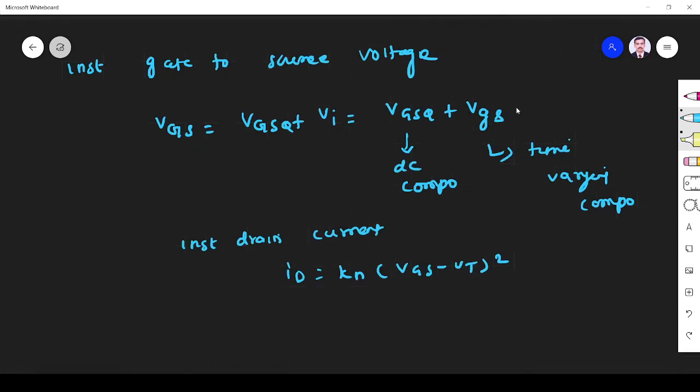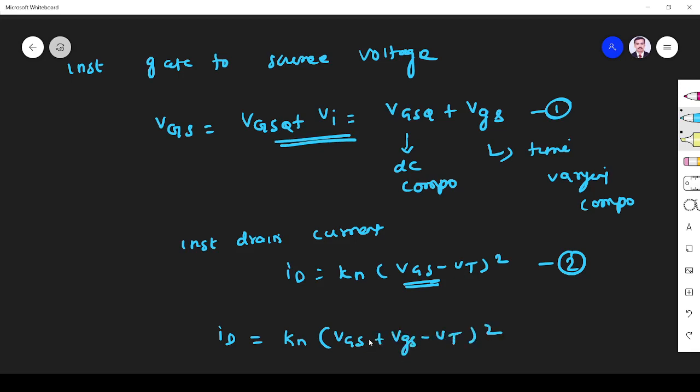So let us assume this is equation number 1, this is equation number 2. Okay, fine. So ID is equal to Kn, right? In this VGS, I substitute this one. So (VGSQ plus vgs minus VT) squared, right?